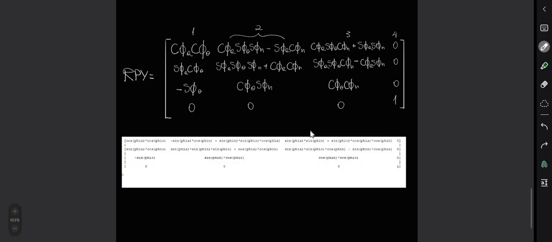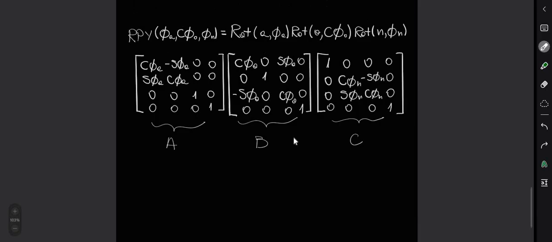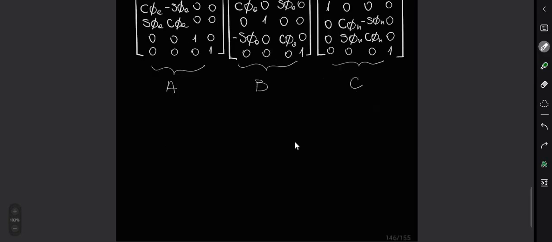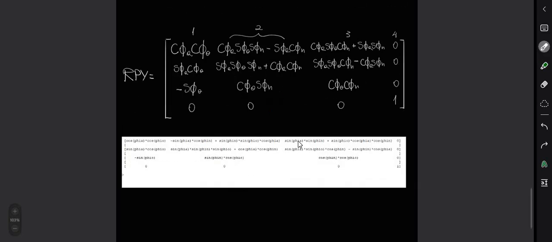Obviously, we are multiplying. One of these represents the roll angle, another represents the pitch, and the other represents the yaw. These are rotations. When we multiply, we obtain this RPY matrix, and what it is going to do is change the rotation.